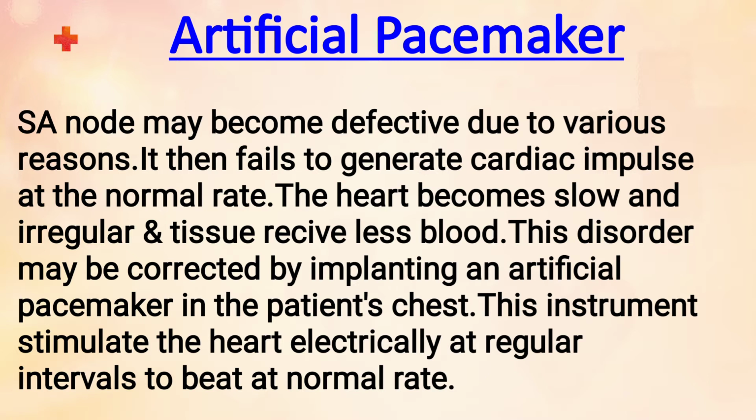The heart becomes slow and irregular, and the tissue receives less blood. This disorder may be corrected by implanting an artificial pacemaker in the patient's chest. This instrument stimulates the heart electrically at regular intervals to beat at normal rate.